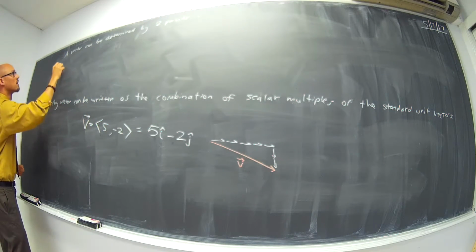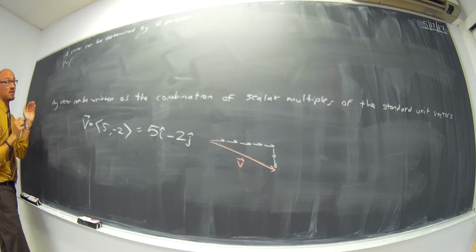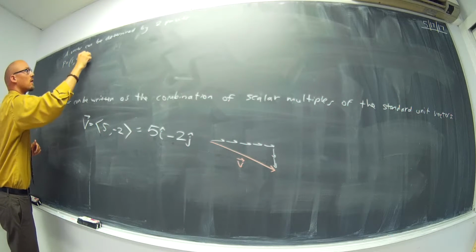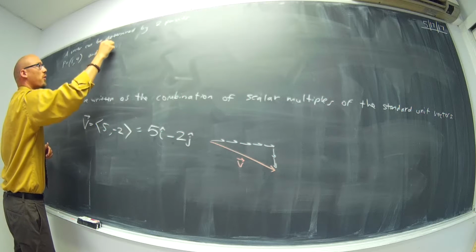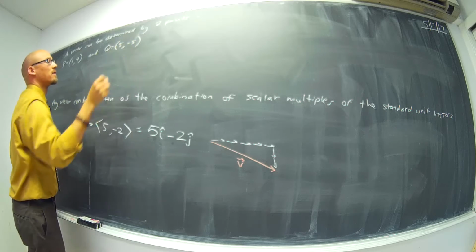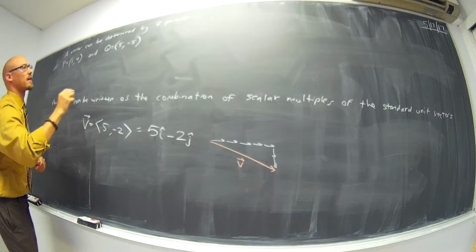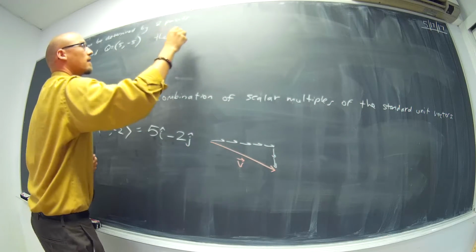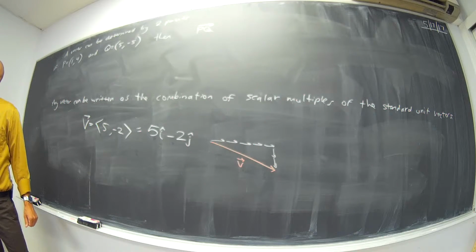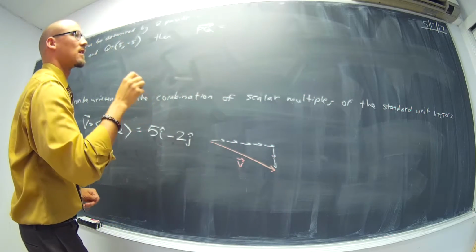For example, if P is a point, 1 comma 4, and Q is just a point in the XY plane at 5 comma negative 5, then vector PQ is going to be a thing.